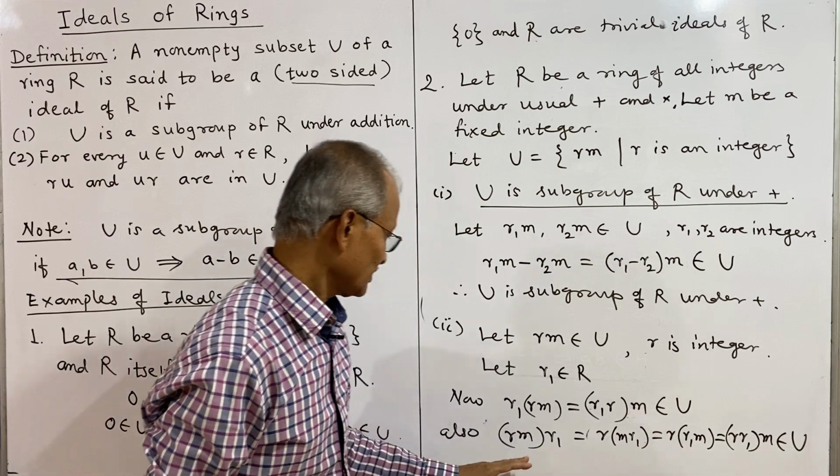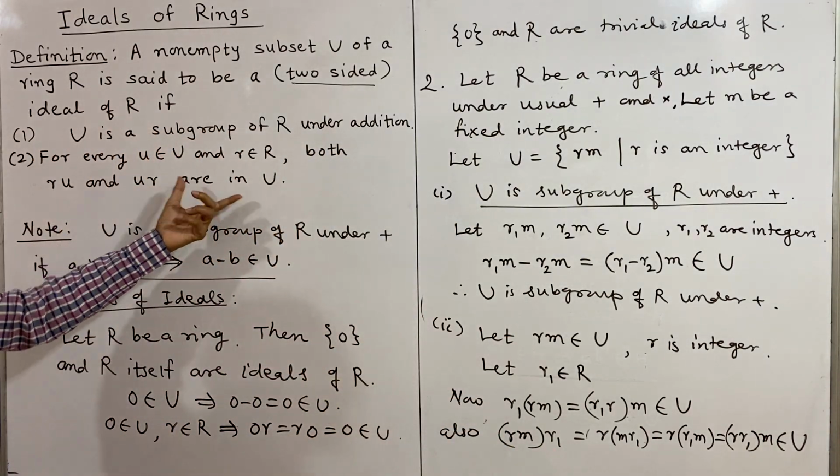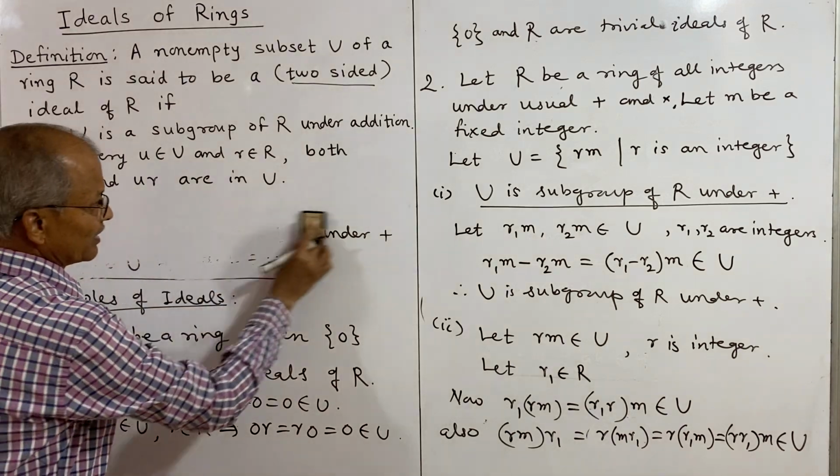So therefore this satisfies the second condition. Both these elements are in U, and therefore this U is an ideal of R.